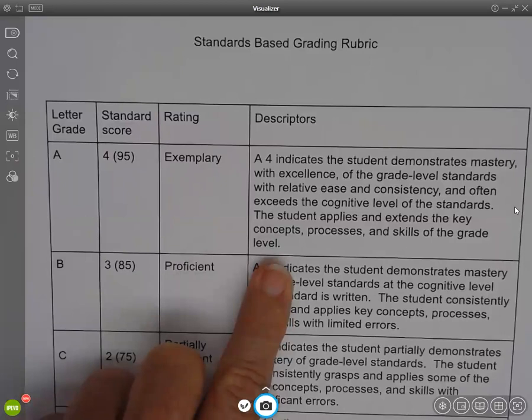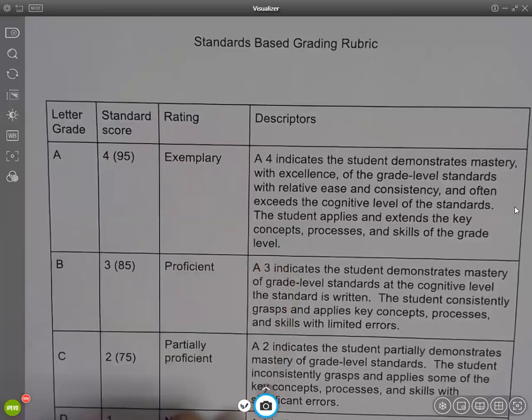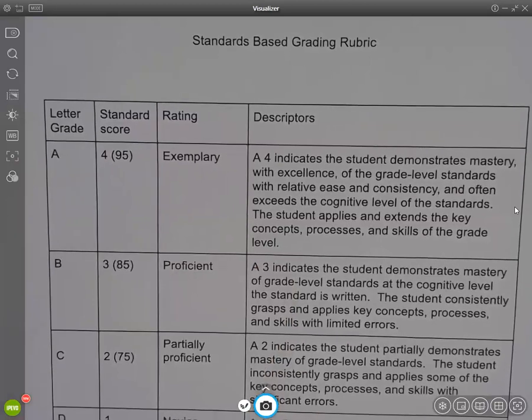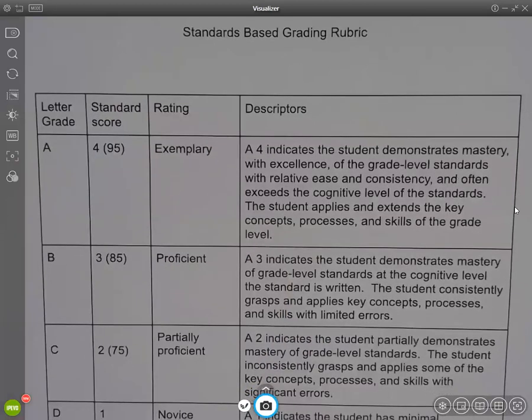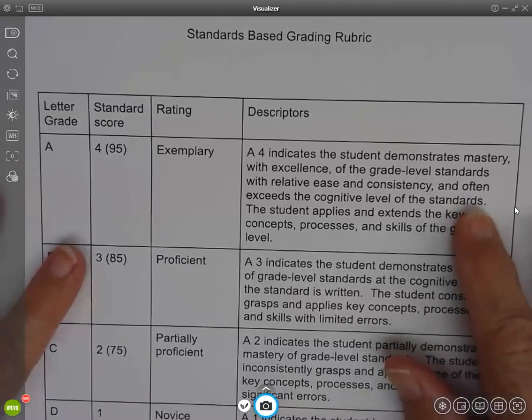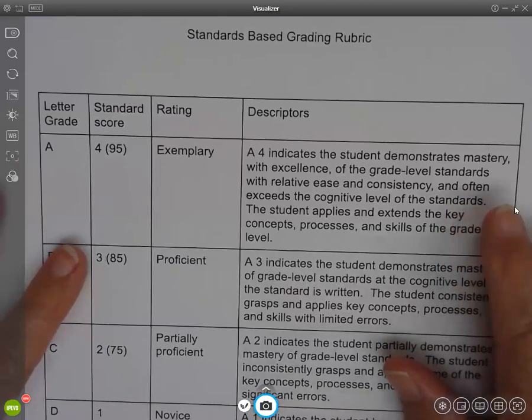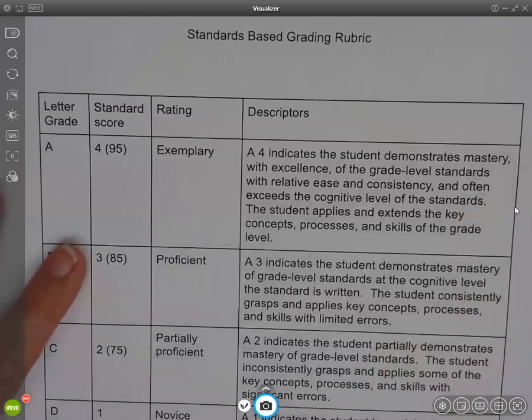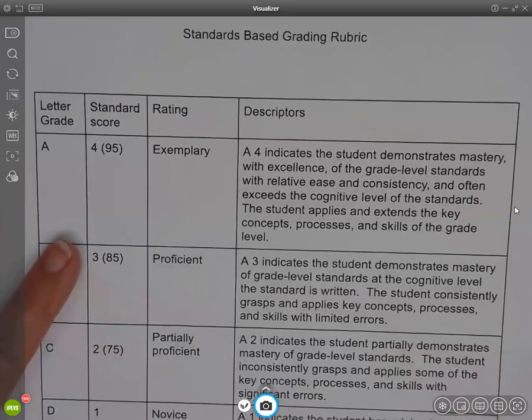The student applies and extends the key concepts, processes, and skills of the grade level. Also, all your answers have to be correct. And if written, a short answer or essay, the answers need to be complete and clear and understandable.